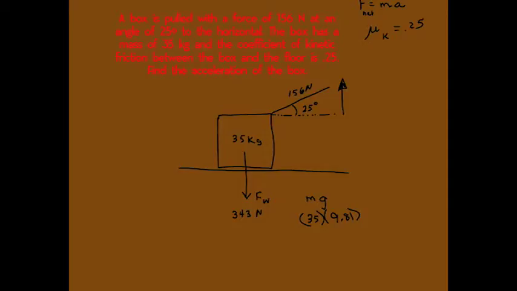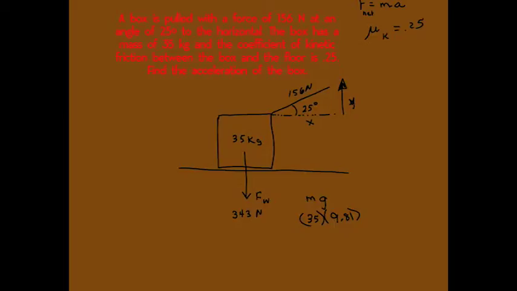So we have to find this vertical component, the y component, in order to find the normal force. We're going to use the horizontal component as our applied force, because it's the only part of it that's actually doing any work in the horizontal direction. So let's go ahead and find that.